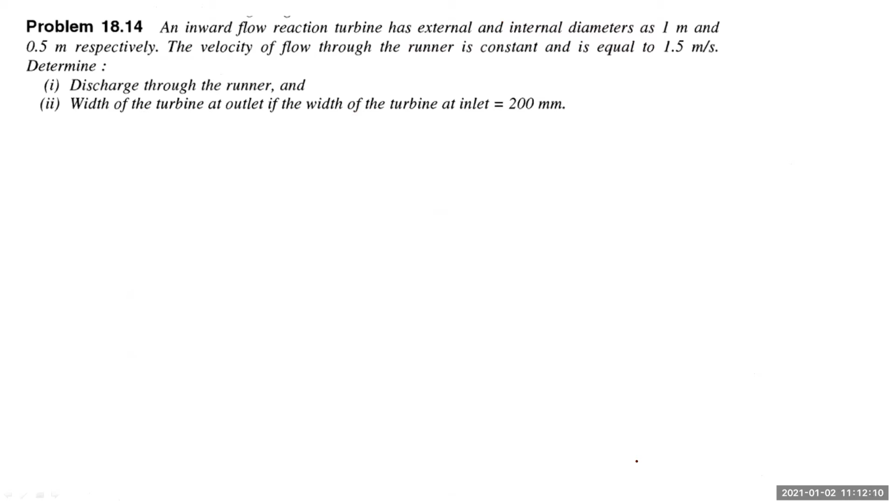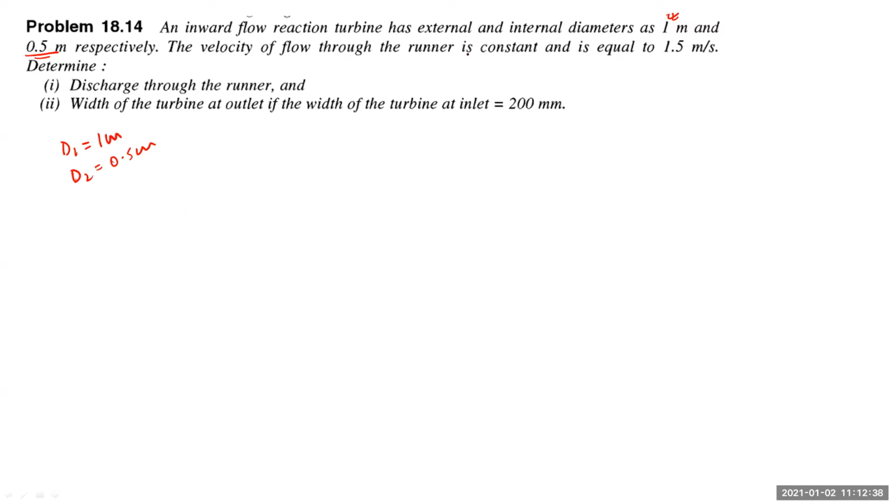Now, the question is on your screen. An inward flow reaction turbine has external and internal diameter as 1 meter and 0.5 meter. So here your D1 and D2 are given. Your D1 is 1 meter and your D2 is 0.5 meter.